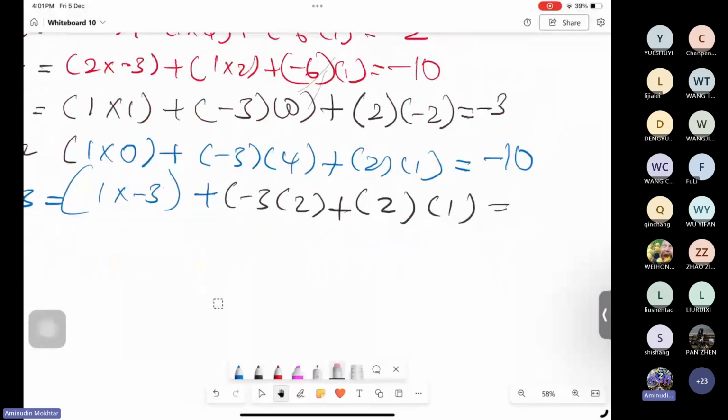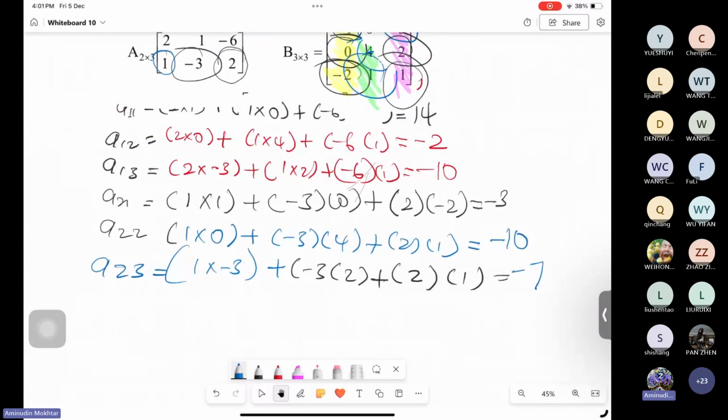Positive 1, negative 3 plus negative 6 plus negative 2, that is equal to negative 7. Okay, that's the answer. Now we can identify the numbers for A11, A12, A13, A21, A22, and A23.